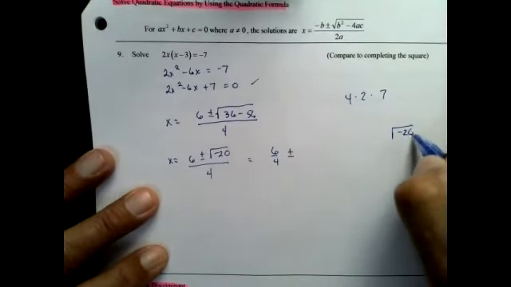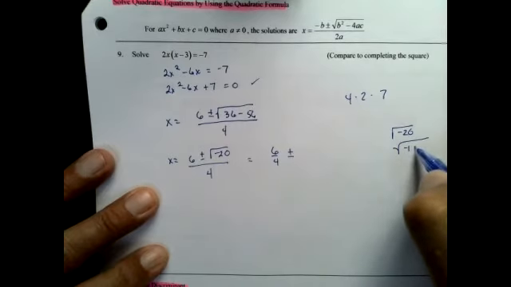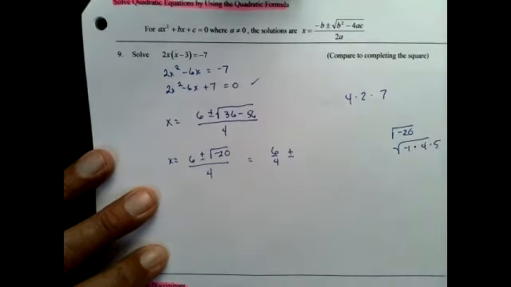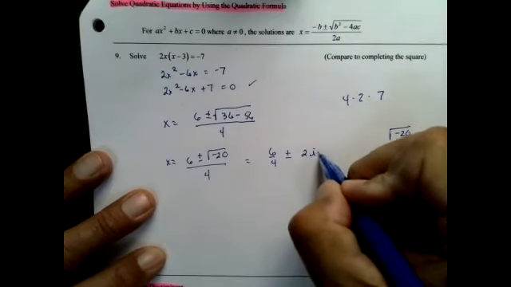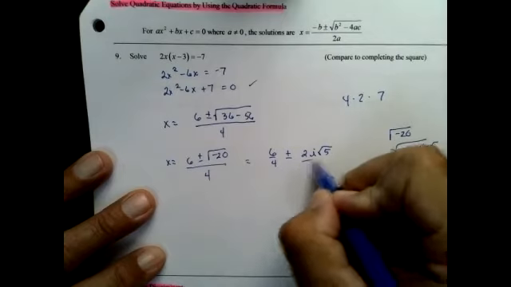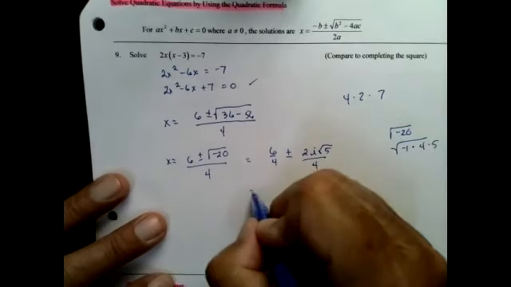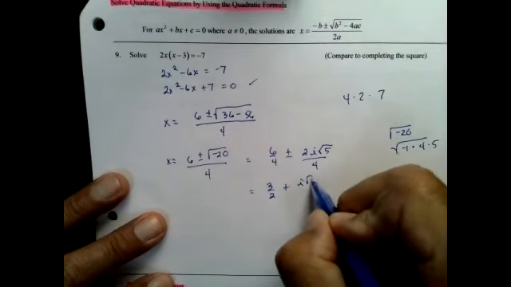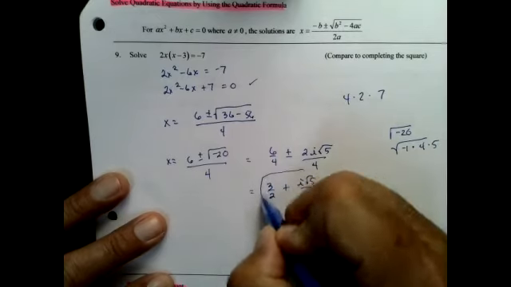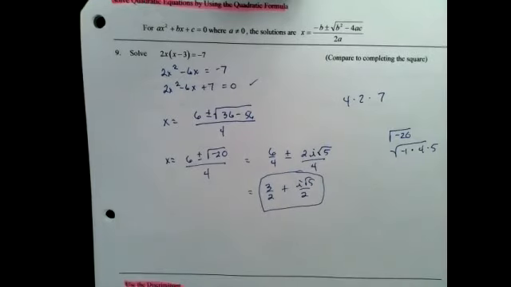The square root of negative 20 is the square root of negative 1 times 4 times 5, which is going to give me 2i square root of 5 all over 4. 3 halves as I reduce, plus or minus i square root of 5 over 2. Yay!